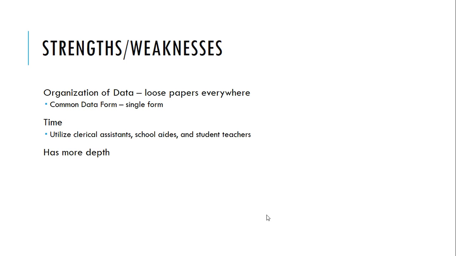The other thing that was noted as a weakness was the time that it takes to go through everything and be able to find all the different existing documents that you might be interested in.